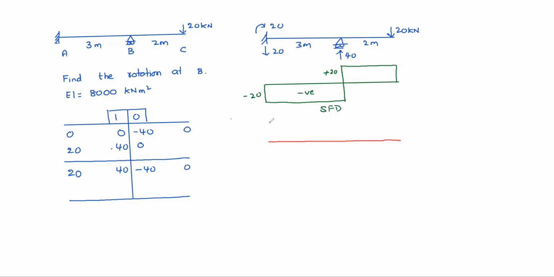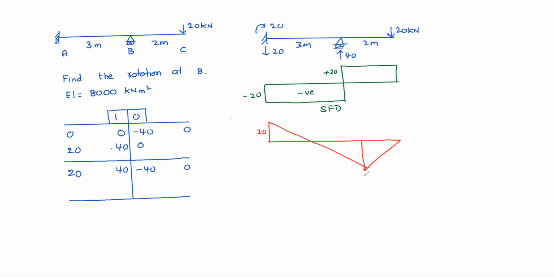Clockwise 20, that means positive. Then negative shear force is there, means at B, the bending moment is negative 20 into 2, 40. Like this. So you just need to join this.